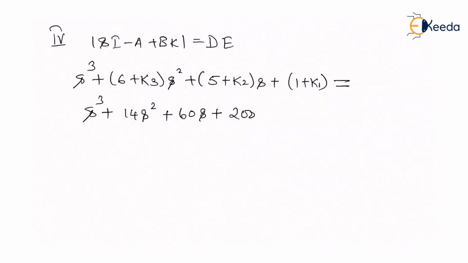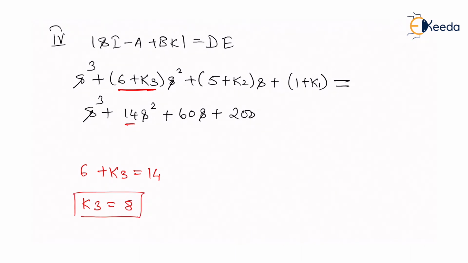Now equate the s square coefficient with 14. So 6 + K3 is equal to 14. Why have we equated 6 + K3 to 14? Because they are the coefficients of s square. So K3 was found out to be 8.